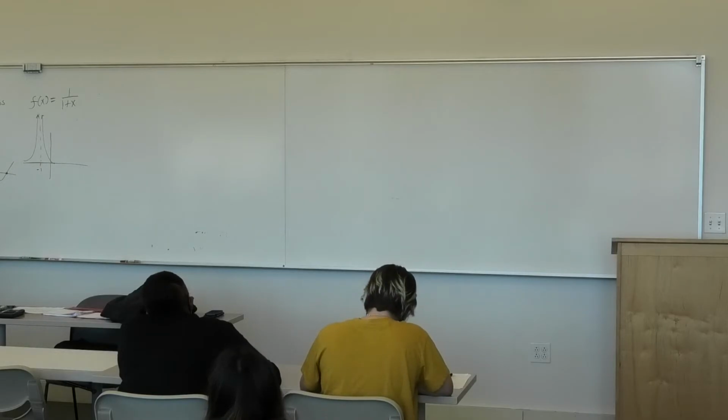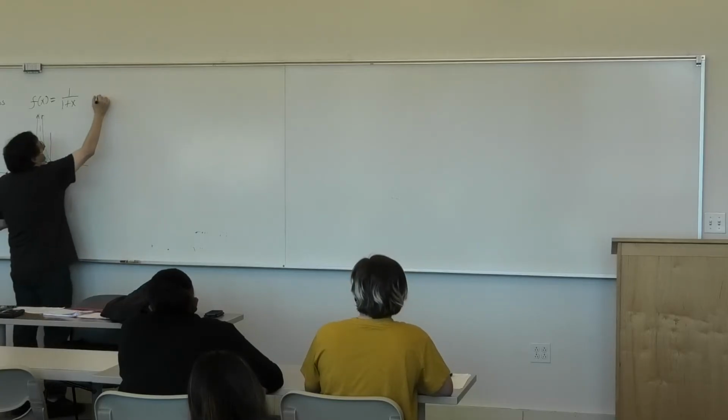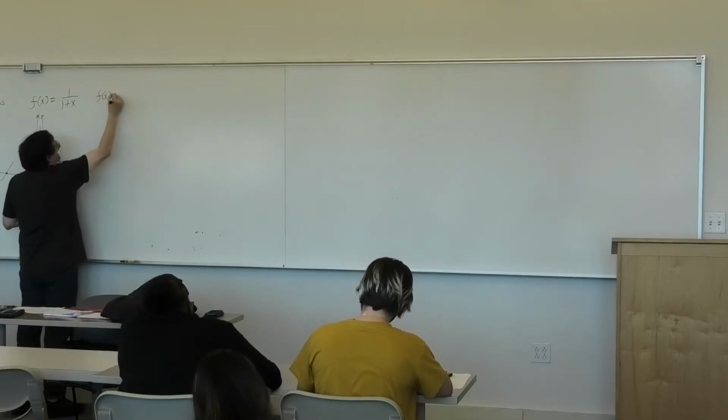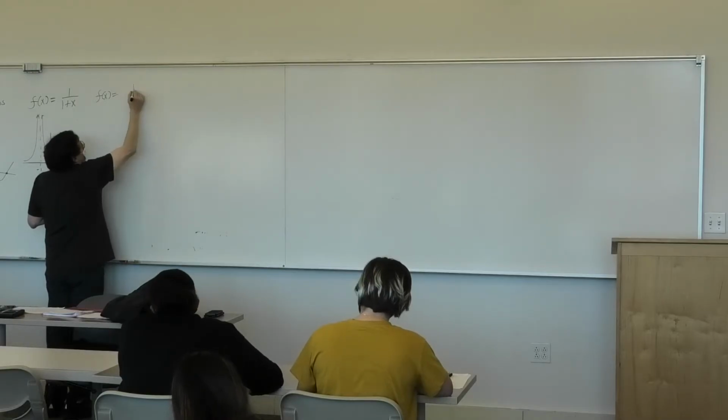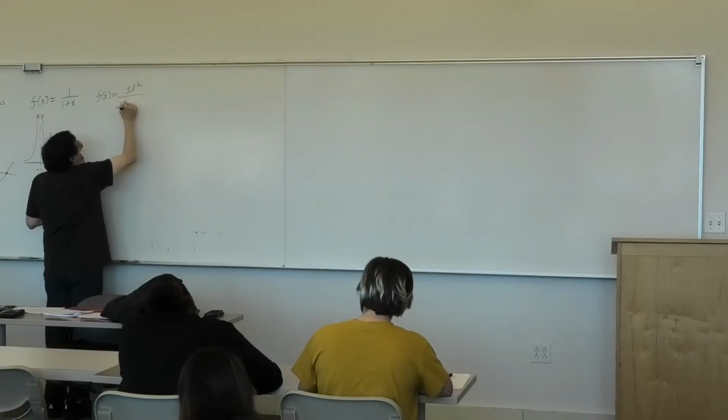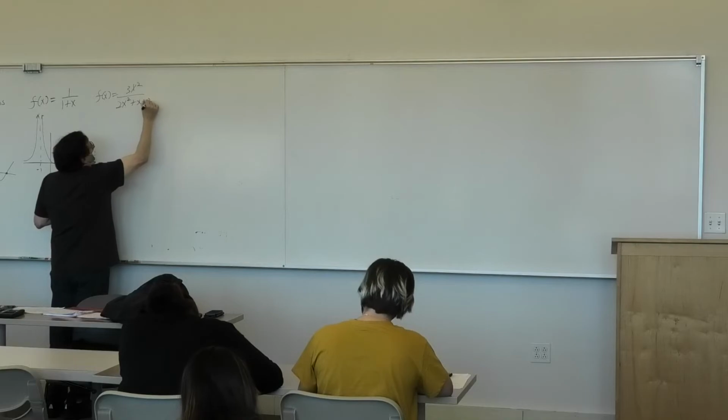In the case of other rational functions that you have to look at carefully, you might have something like 3x squared over 2x squared plus x plus 3.